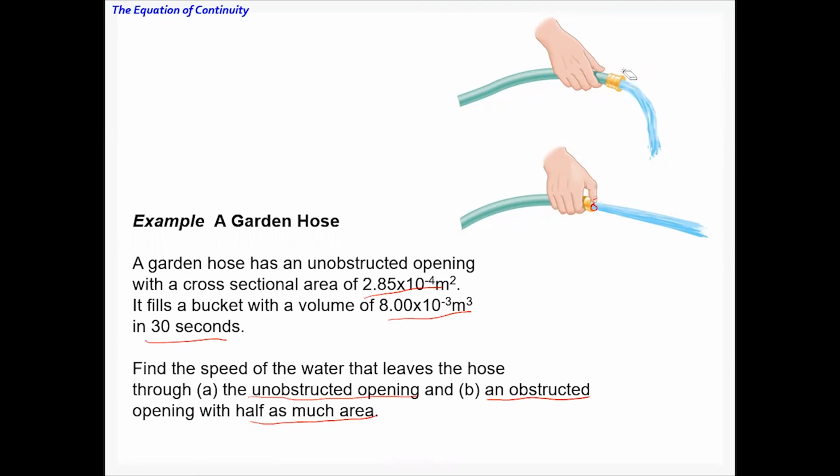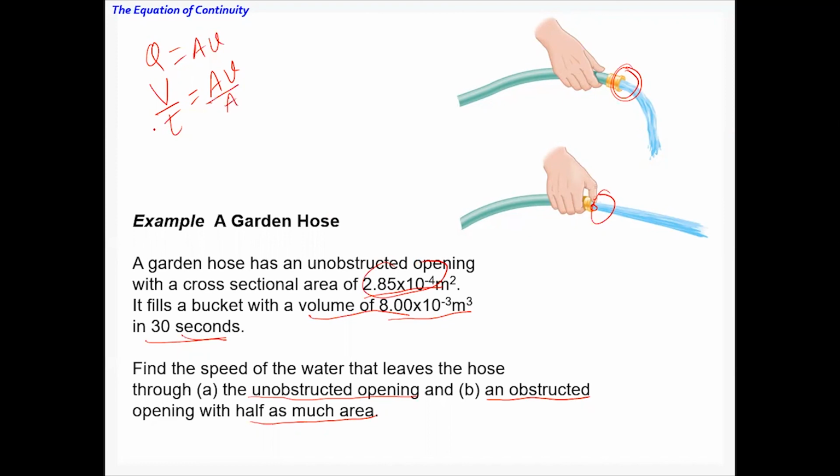First of all, let's find the velocity in this case, then we'll figure out the velocity in the other case. We know Q equals A times V. Is Q given? The volume is given, time is given, then Q is volume over time. A times V: is A given? A is given also. So how do you find V?